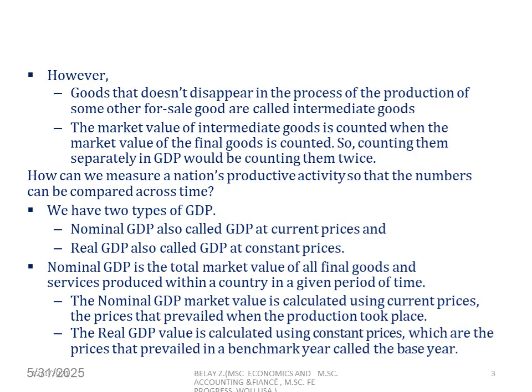What happens if we include intermediate goods? Let us see. The market value of an intermediate good is counted when the market value of the final good is counted. That's already counted. So in counting them separately in GDP, we would be counting them twice. So we face double counting if we include intermediate goods.